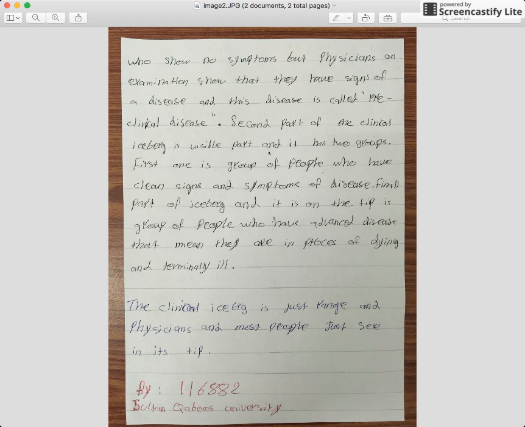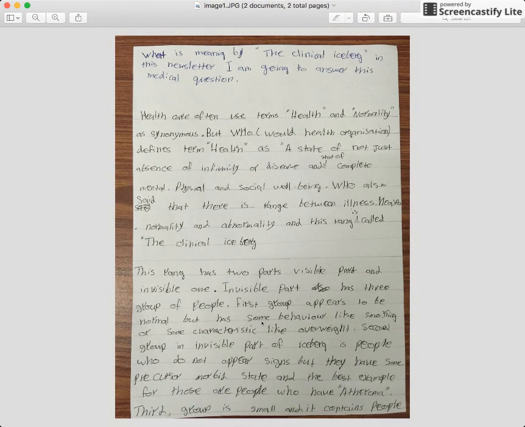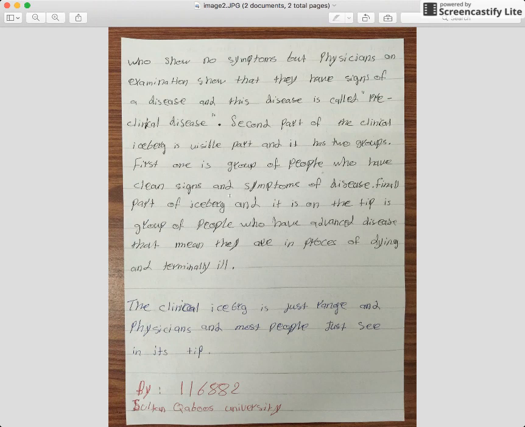But you said in the previous part that... Oh, I see. The second group is an invisible part of the iceberg. Okay, but isn't the first part of the... I'm really confused here. Okay, the third group... Okay, I see what you said here now. Show no signs, but physicians... Okay, good. So you need to make it clear that this is still the invisible part, okay?